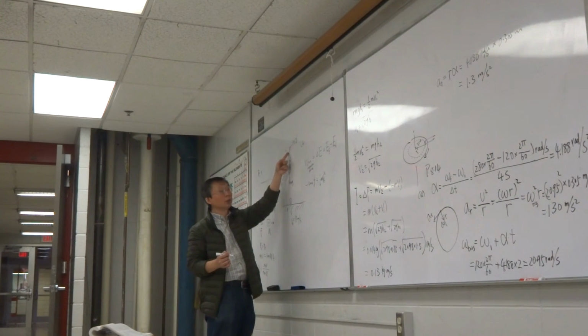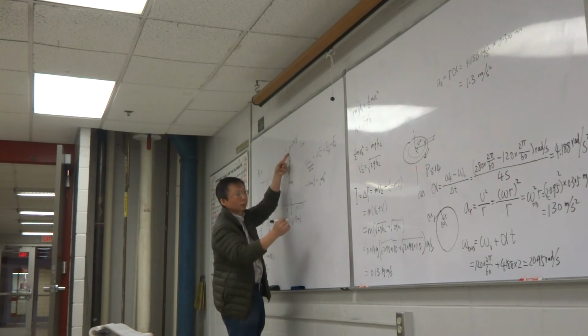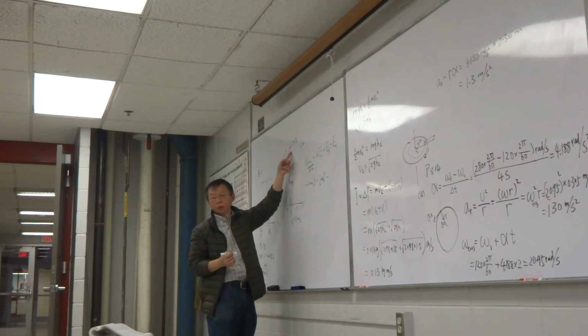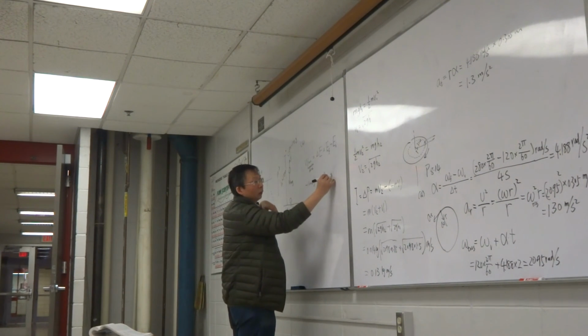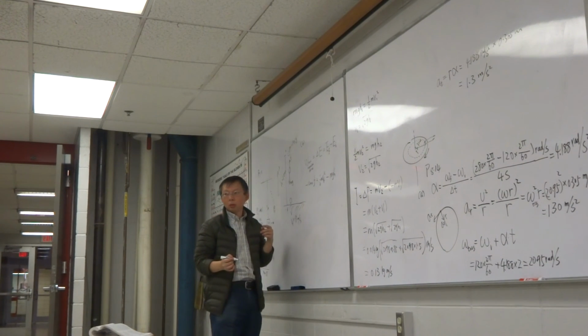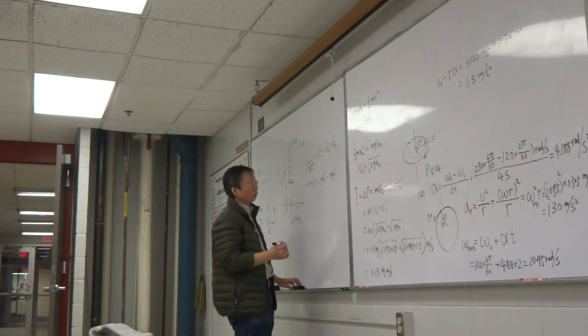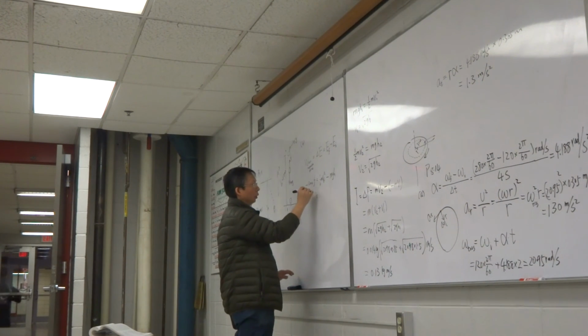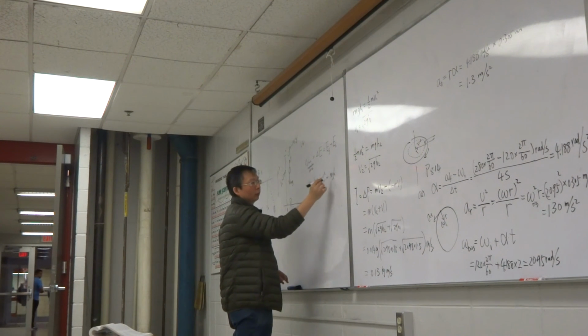The initial point's speed is just 0, so the kinetic energy is just 0. You just subtract the potential energy. Potential energy is just m g h. Okay? So this one, you can cancel the m.